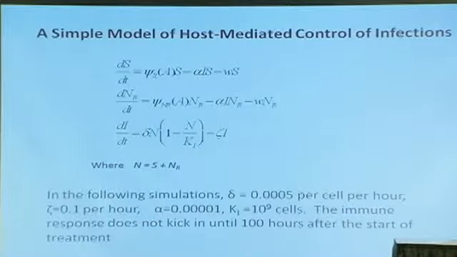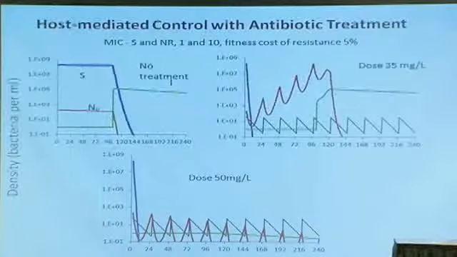In the simulations, I chose some parameters, obviously made up, for the half concentration of cells and so on, for maximum rate, and the rate of production of the immune system. I also assume that the immune system doesn't kick in till about 100 hours after things start.